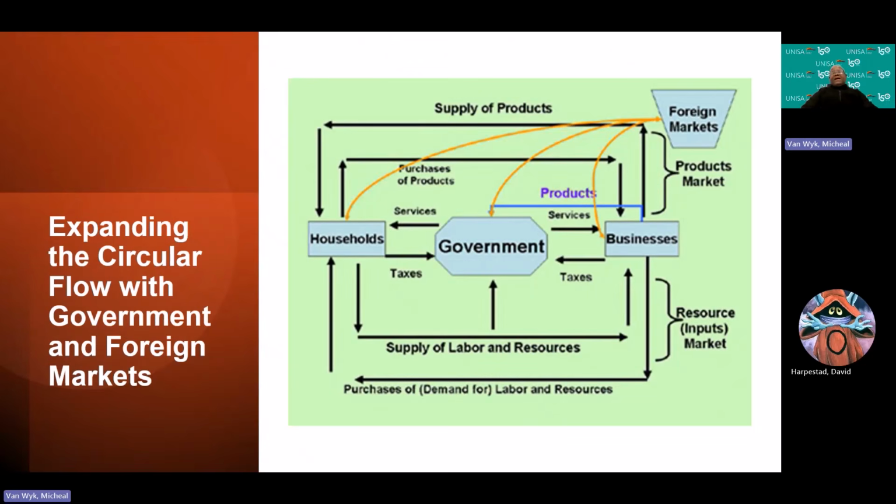And then let's see how this diagram is depicted of an open economy, where you will see the household, the government, business, and foreign markets. Now, foreign markets are very important for South Africa. So when South Africa exports, like to the UK, they buy a lot of South African products, your agricultural products.